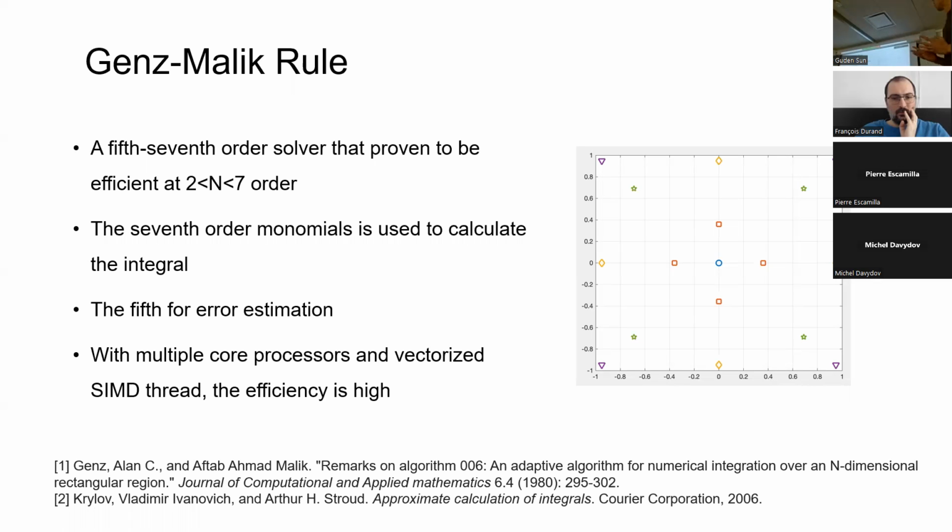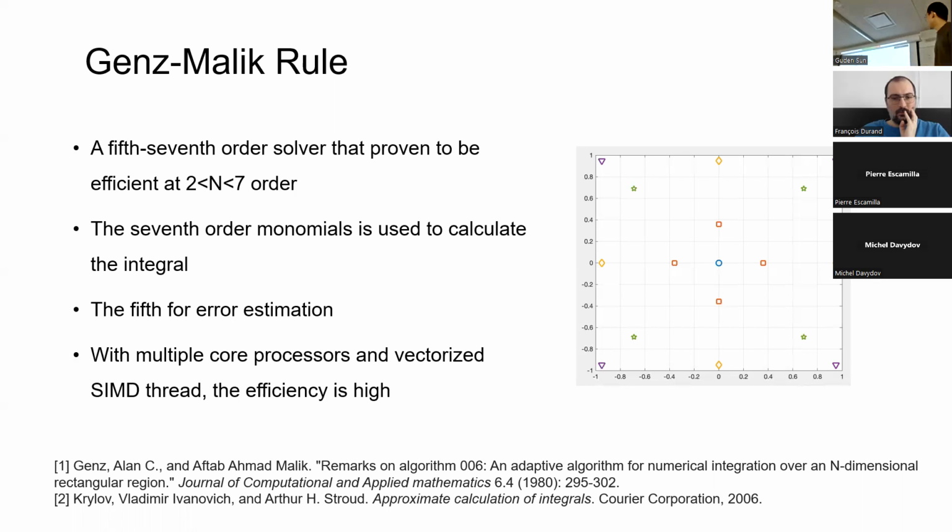It means you have a seventh order polynomial approximation of this high dimensional space. Then you use a fifth order approximation to estimate the error. It will be very efficient if you want to solve the numerical integration from 2 dimension to 7th dimension. Maybe this is the most efficient solver I've ever met during my research.